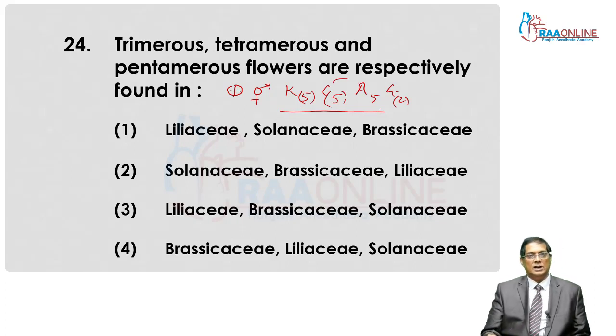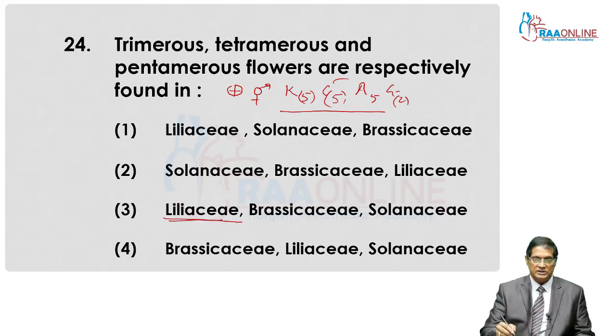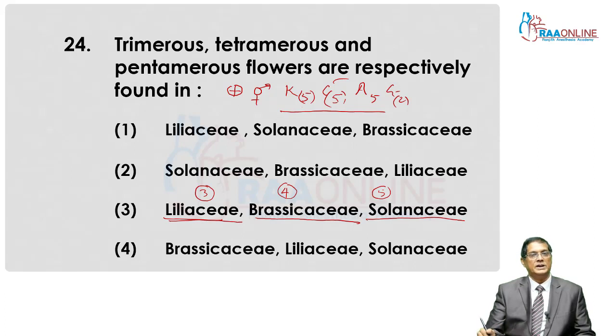In our syllabus, there are a total of 4 families, 3 in detail and 1 in brief. Among those 4 families, the trimerous condition is seen in Liliaceae, tetramerous in Brassicaceae, and pentamerous in Solanaceae. That is, 3 or multiples of 3, 4 or multiples of 4, 5 or multiples of 5. Pentamerous condition.